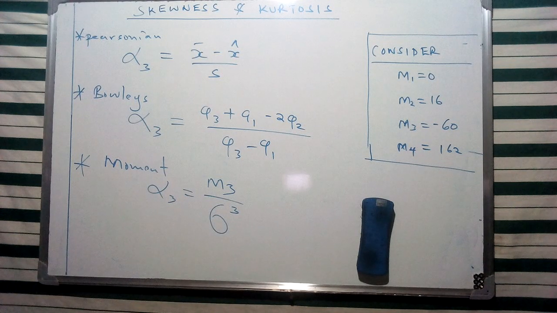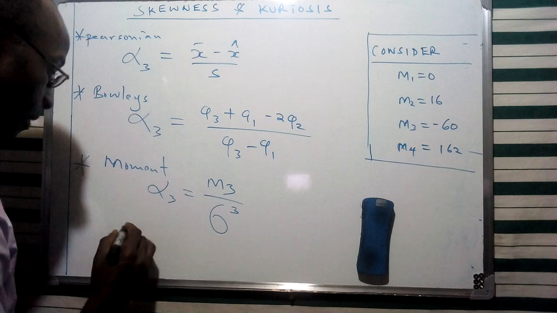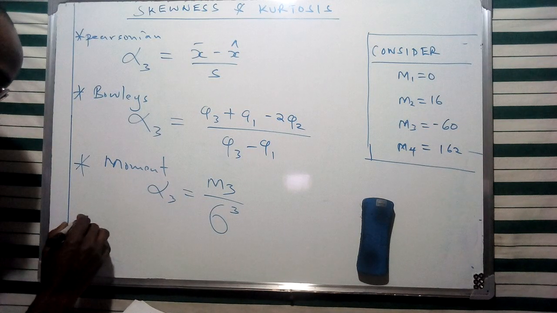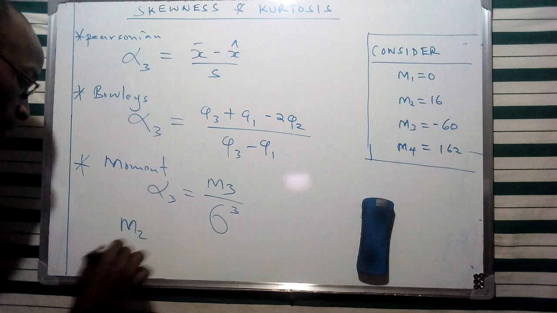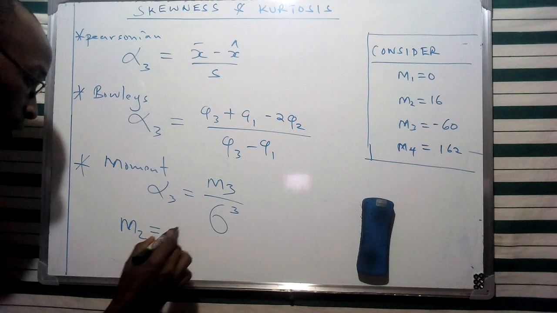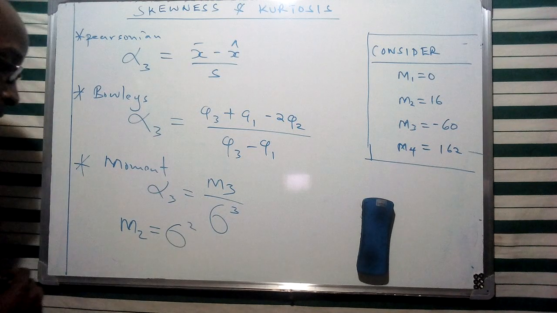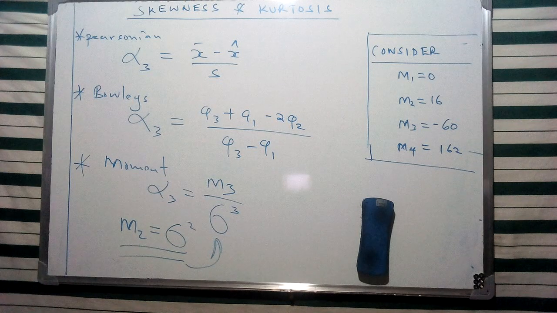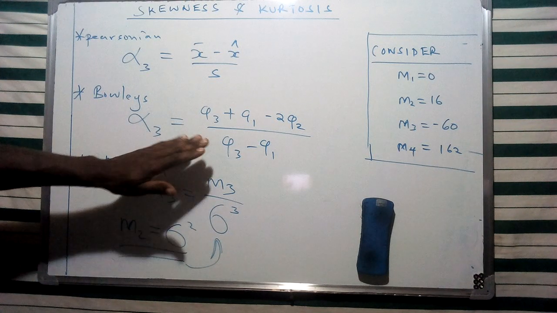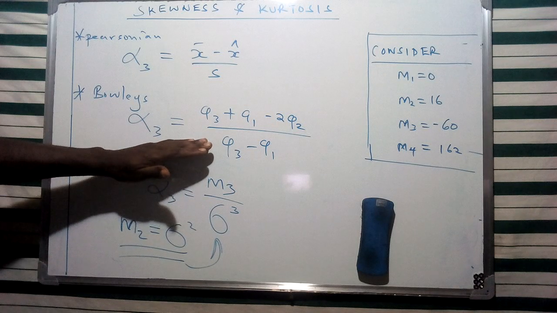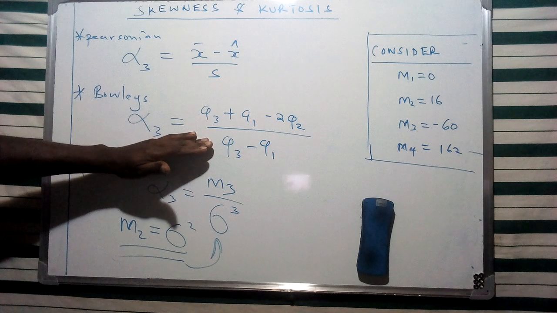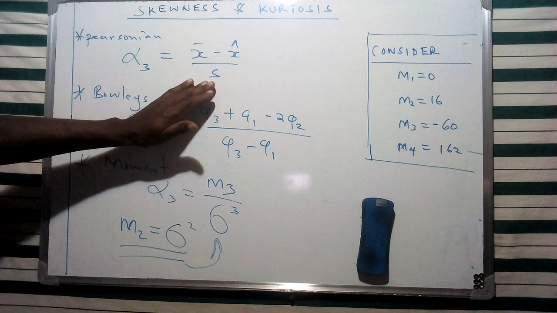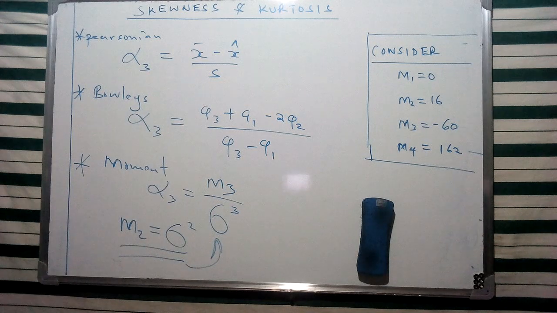We can have the second moment as the population variance, and therefore we get this relationship. Now, having not been given the quartiles or the mean, mode, and standard deviation, we're going to use the moment coefficient of skewness in trying to evaluate our specific problem set.